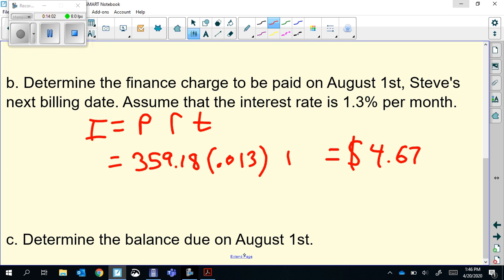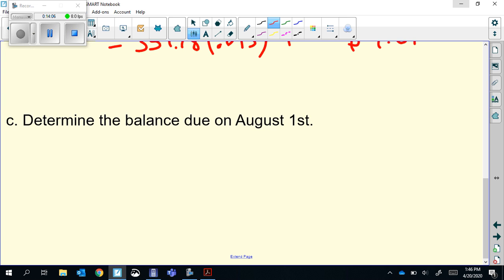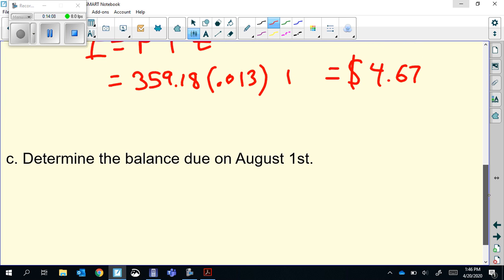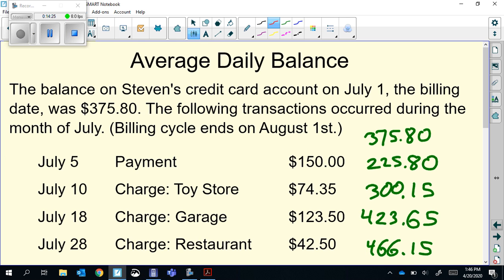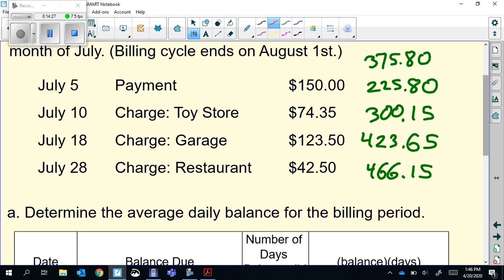Which means that the balance due on August 1st would be the $4.67 plus the amount that's on the card at the end of the month, not the average, but the actual amount that's on the card. So let's go back here.